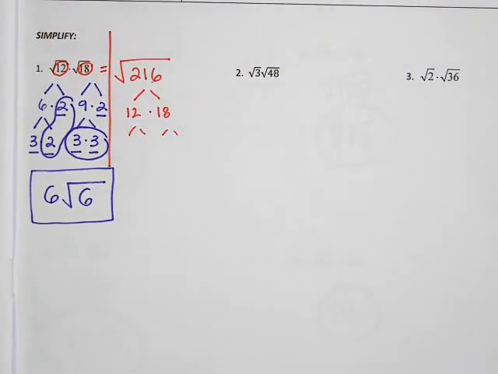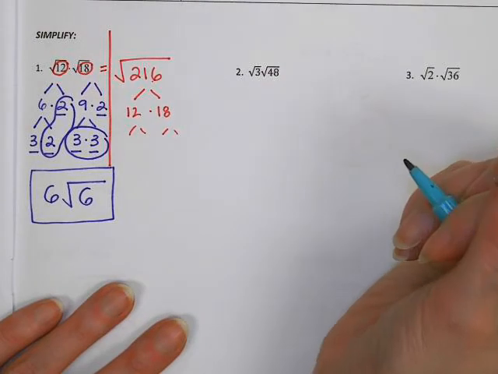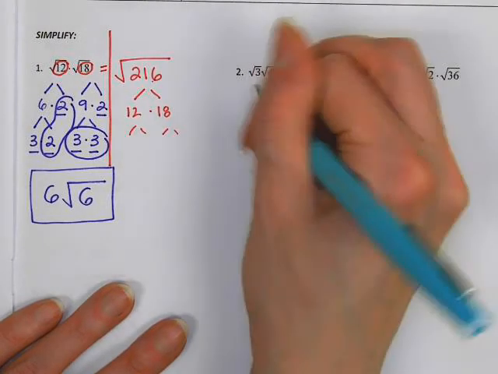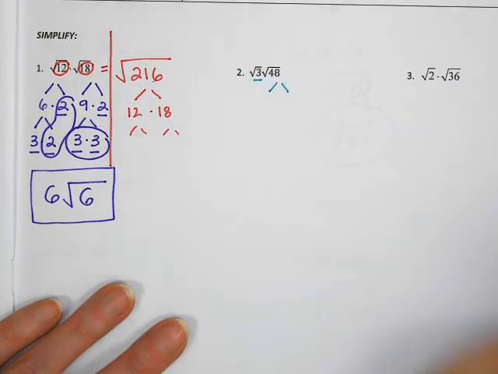Okay, let's try number 2. Do you guys want to multiply first or just start making the trees? Probably just, I think it's easier to just start making the trees maybe. So square root of 3 doesn't have any. It's already prime. Okay, so 3 is already set. But 48, we have some work.